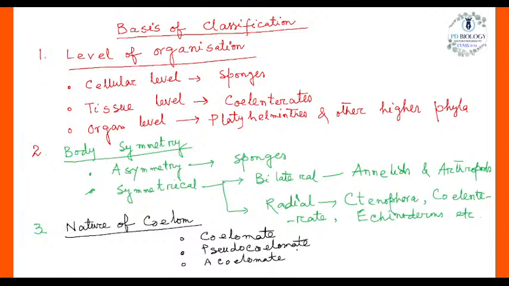So coelomate, the examples of coelomates are annelid, mollusca, arthropod, echinoderm, the hemichordates, the chordates.